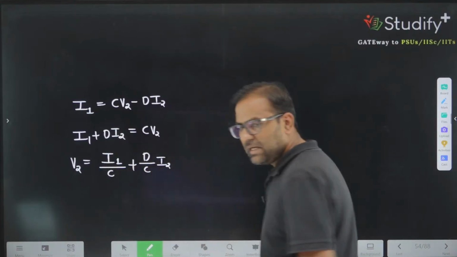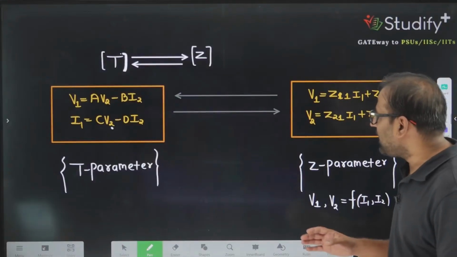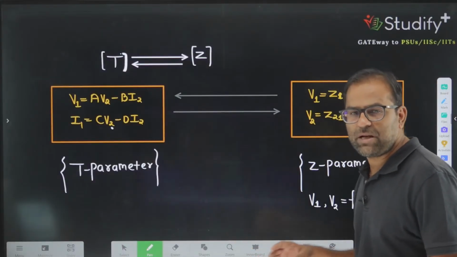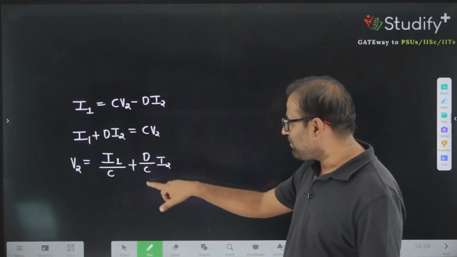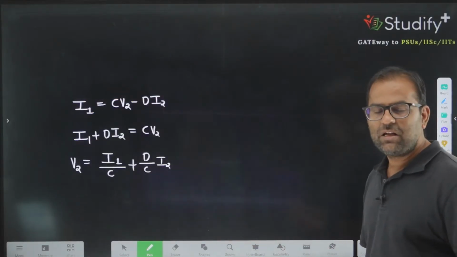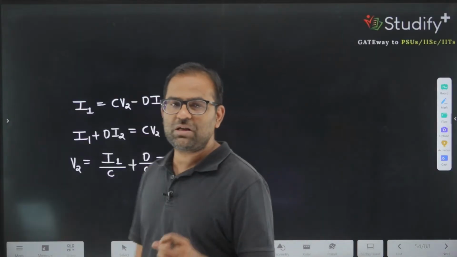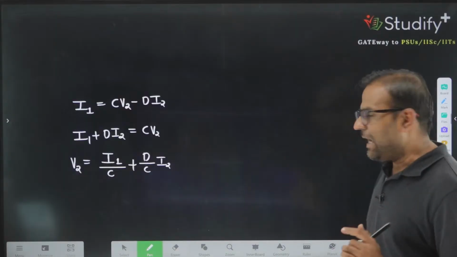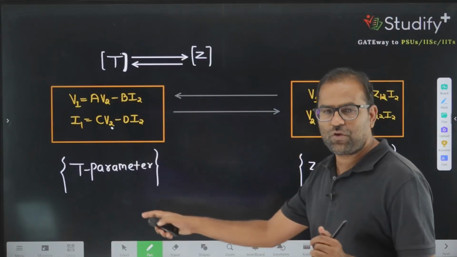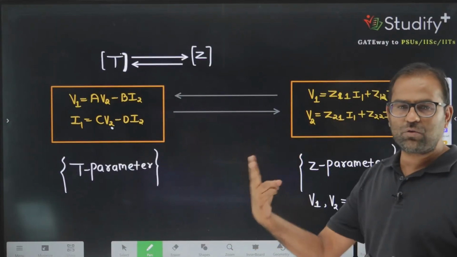Correct? What I am saying is, if I am writing the two-port equation for the same network, this value and this value must be the same. If you are writing the voltage V2 across a network and V2 has these two equations, for a single quantity you cannot have two values, so these two equations must be the same.